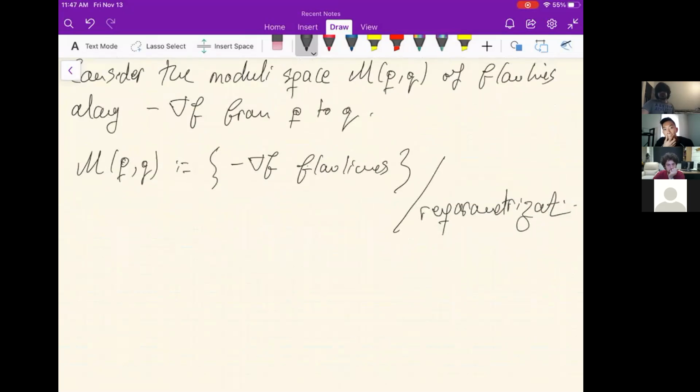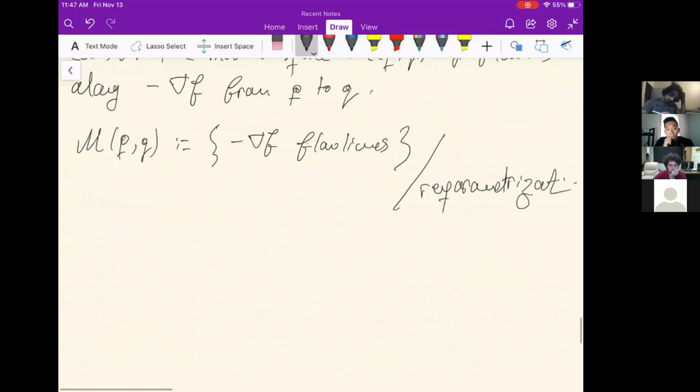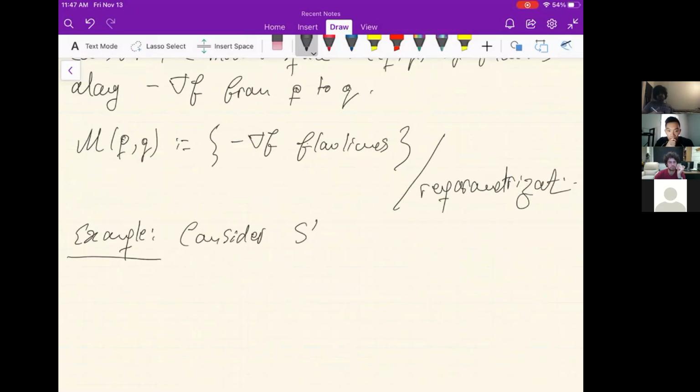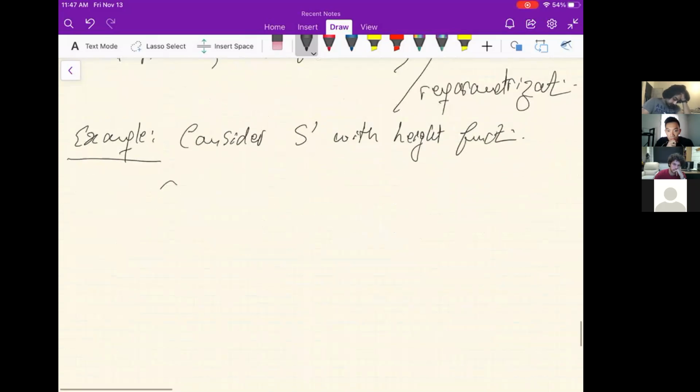So let's see this construction by a simple example. We consider S1, and we're taking its height function, or projection on the y-axis. Then I have two critical points.